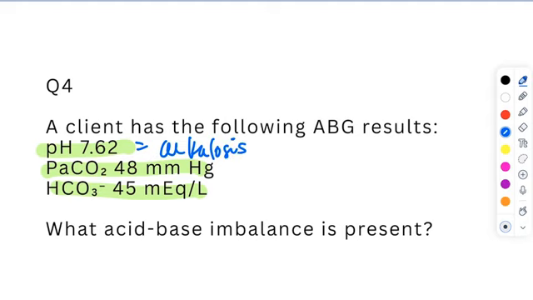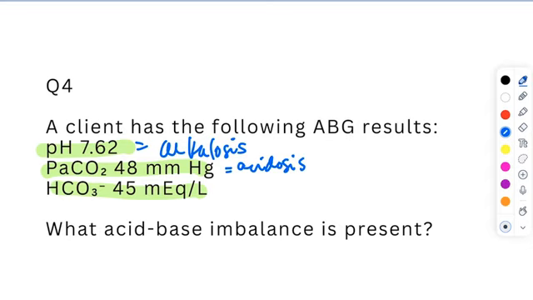Okay. The next thing we're going to do is your PaCO₂. Your PaCO₂ is slightly elevated, right? So this is on the acidosis side. What is telling us that the lungs are trying to compensate by retaining CO2 in the lungs. That's why it's on that elevated side.